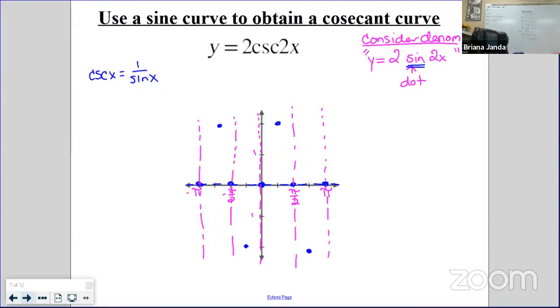Then I use all of the dots that are off of my midline to draw a parabola. If I have a dot off of my midline here, it is above my midline, so I would go away from my midline up. This one is below my midline, so I go away from my midline below.